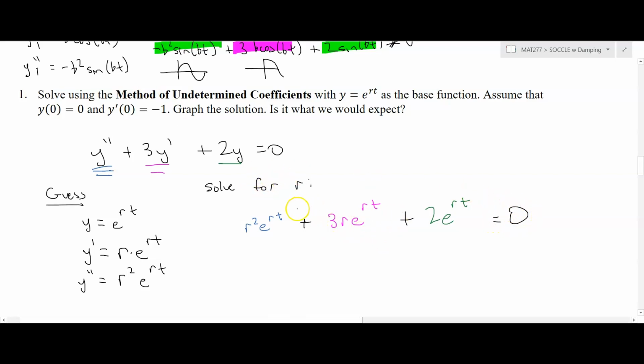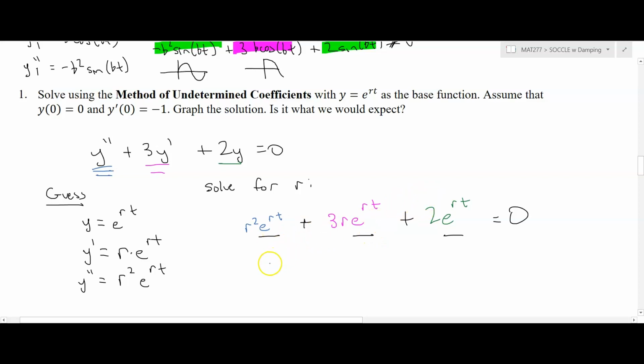Now you see that this is going to be possible because they're all common, they're all like terms, right? This has the e to the rt, this has e to the rt, this has e to the rt. Here I have r squared of them, here I have 3r of them, here I have 2 of them. So if I'm going to add like terms, I'm going to add their coefficients.